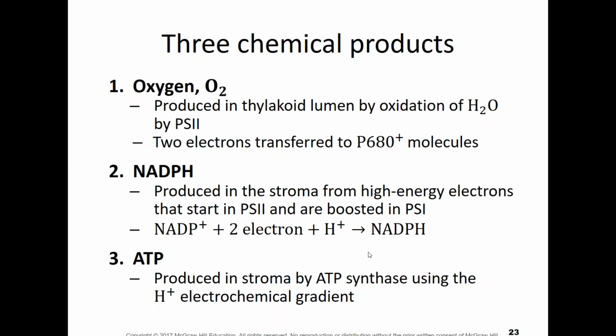So NADP+ is there at the end to get those electrons. And then ATP is produced, a lot of it. This time it's photophosphorylation, because oxygen isn't used. But ATP synthase spins because of that electrochemical gradient of hydrogen ions, and it phosphorylates a lot of ADP into ATP.